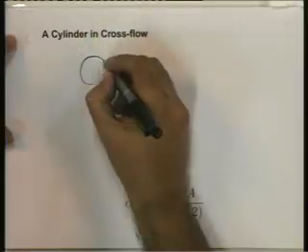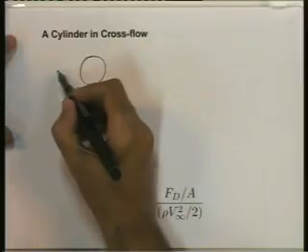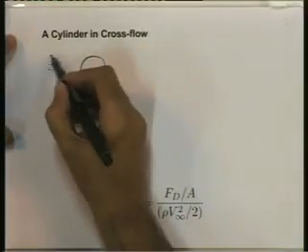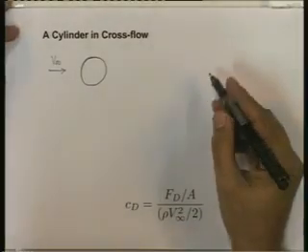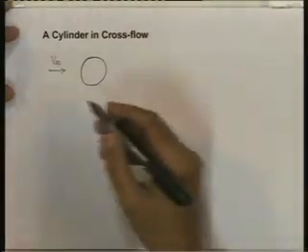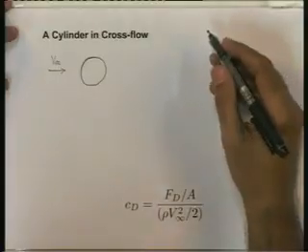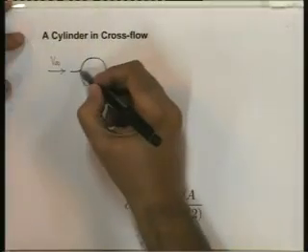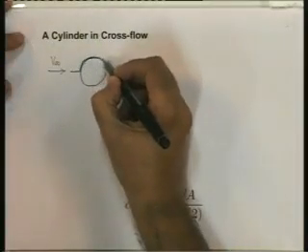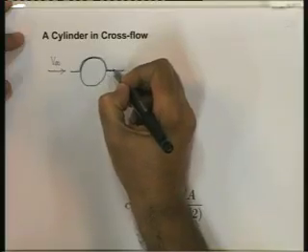If you take a cylinder and expose it to a stream flowing at the free stream velocity V infinity, depending on the Reynolds number, we get different and very complex flow situations. For very, very low Reynolds number, there is hardly any boundary layer which develops. The flow comes, creeps around the cylinder and leaves.